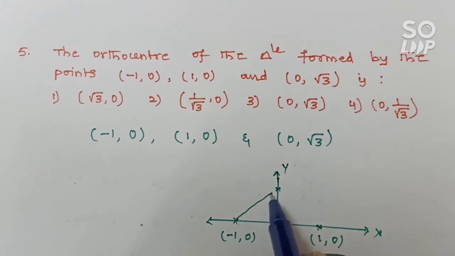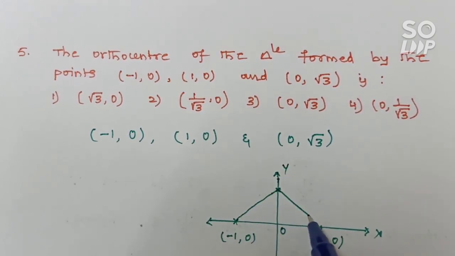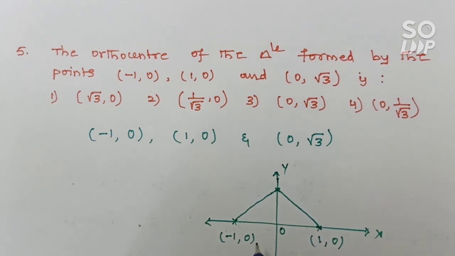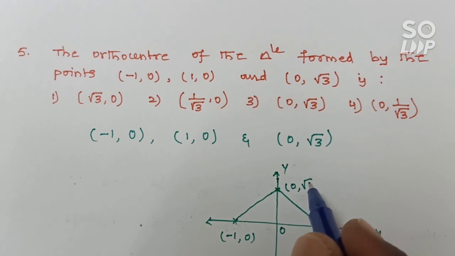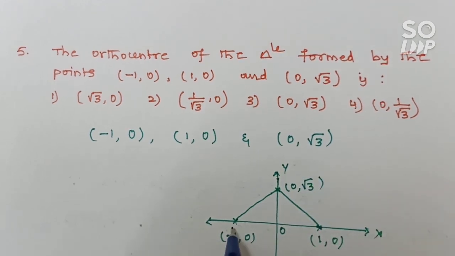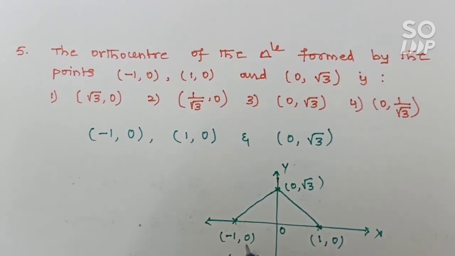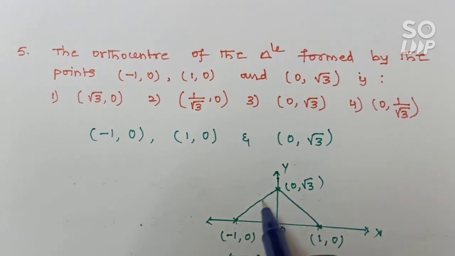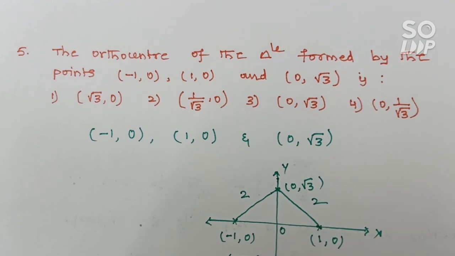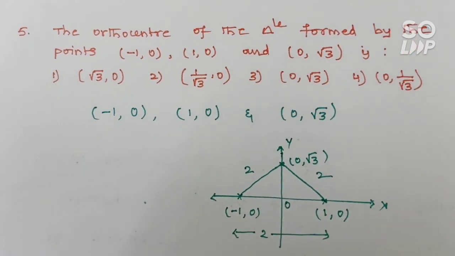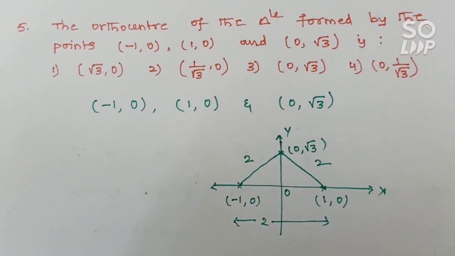By joining these points, you get the triangle. See, this length is equal to 2, so one side length is 2. By finding the other lengths, this length is also 2 and this length is also 2. So very clearly these points form an equilateral triangle.